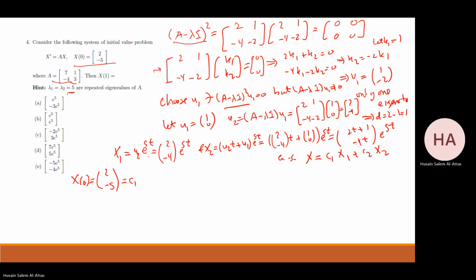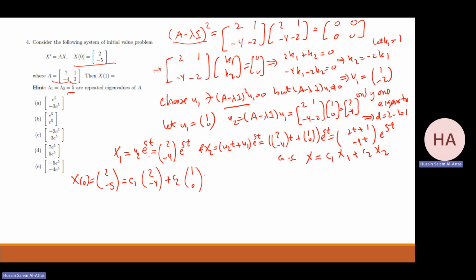If I substitute 0, x1 will be 2, -4, e to the power 0 is gone, plus c2 times x2. Substituting 0, we have 1 and 0. At t equals 0, we have 2 times 0 plus 1, and this is 1 minus 4 times 0, this is 0.